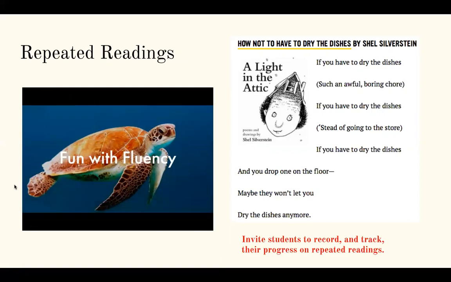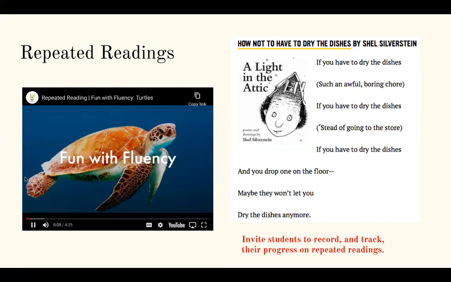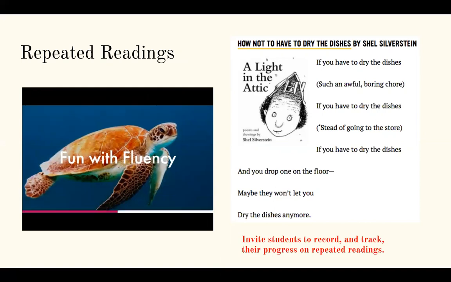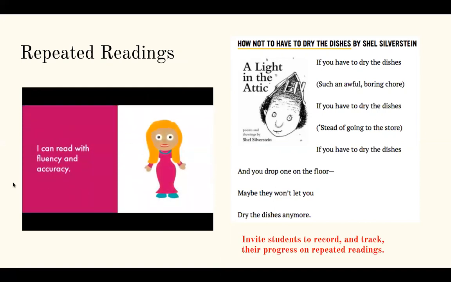Welcome to Fun with Fluency. Today we will be reading a poem called Turtles by Charles Gigna. Our goal for this activity is I can read with fluency and accuracy. This means you will read the words accurately or correctly.